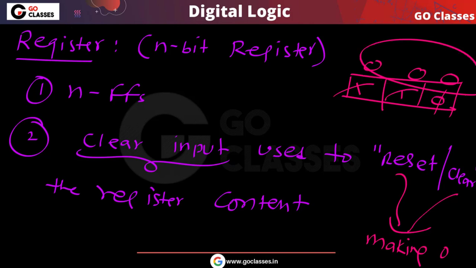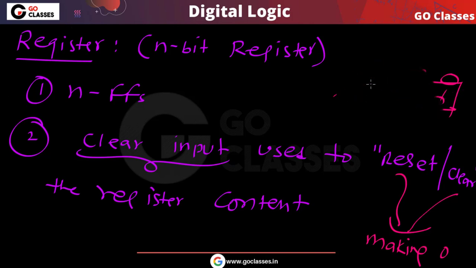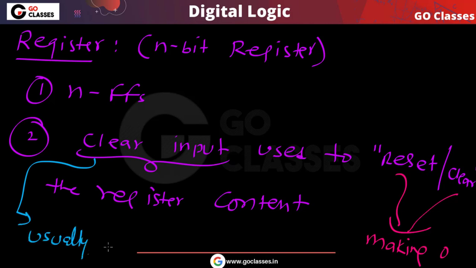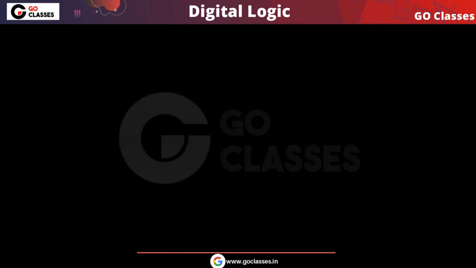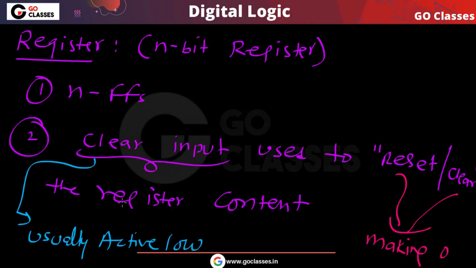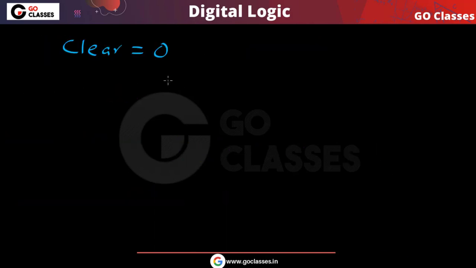If you want to clear it, you can use this clear input. This clear input is usually active low. Active low means that when this clear is equal to 0, it will perform its function, and the register will be cleared.